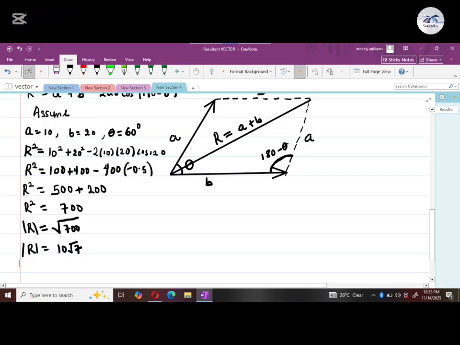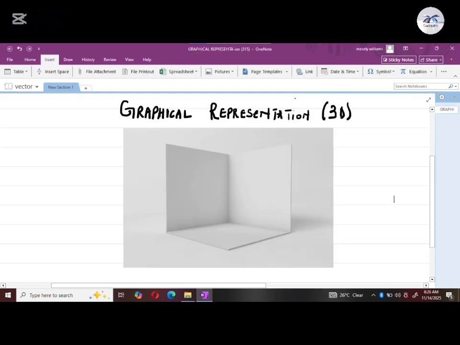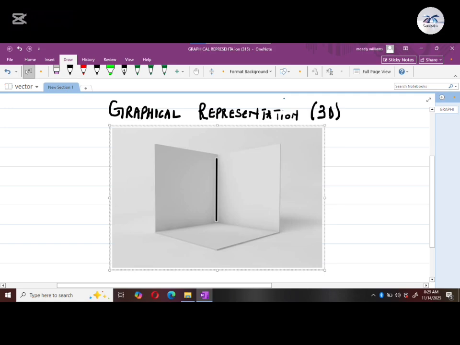Okay, so last but not the least, let's see vectors in 3D space. The best way to figure this out is by looking at the corner of your wall. Looking at the corner of your wall, you will see three orthogonal lines.